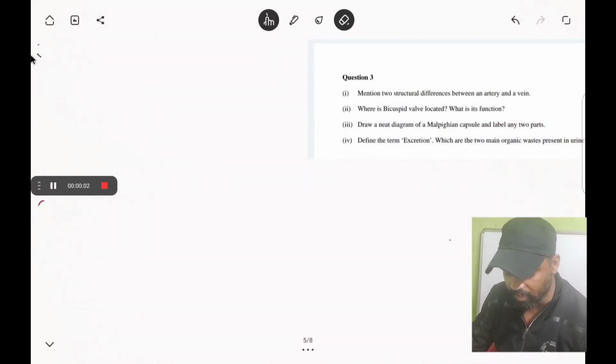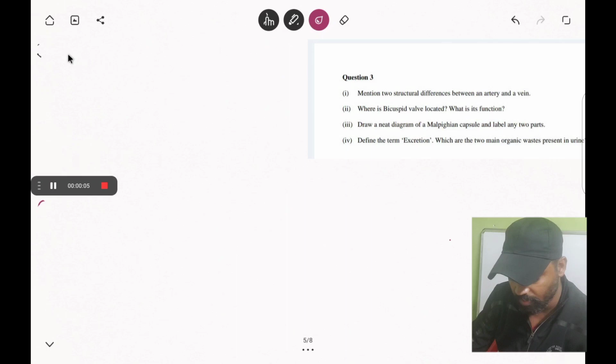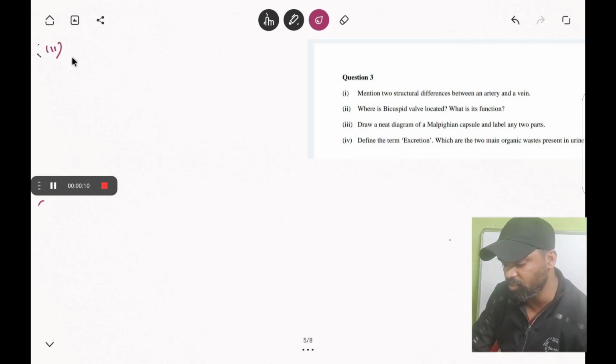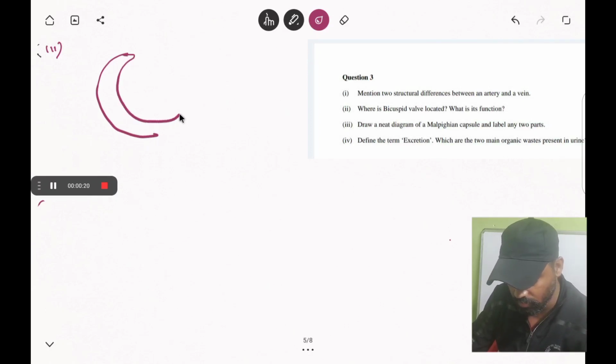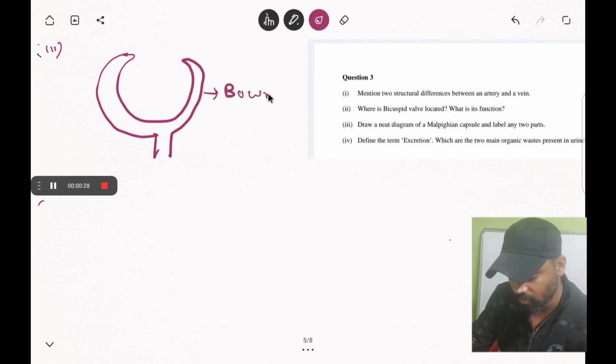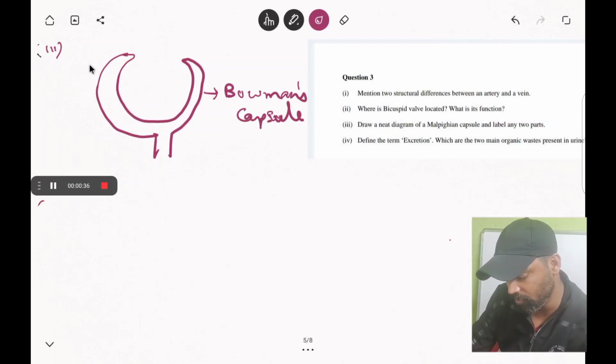Now let us look at number 3. Draw a neat diagram of a Malpighian capsule and label any 2 parts. I'm very bad at drawing, I'll tell you. Let us draw. This is Bowman's capsule. I'm just trying. And inside we have the glomerulus.